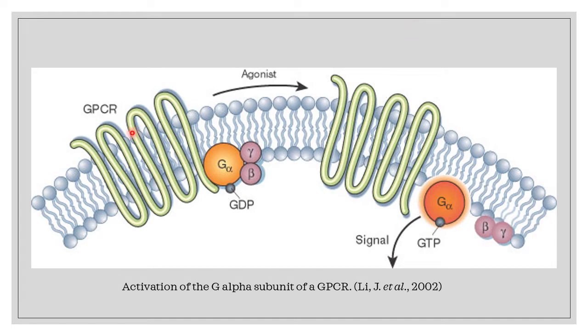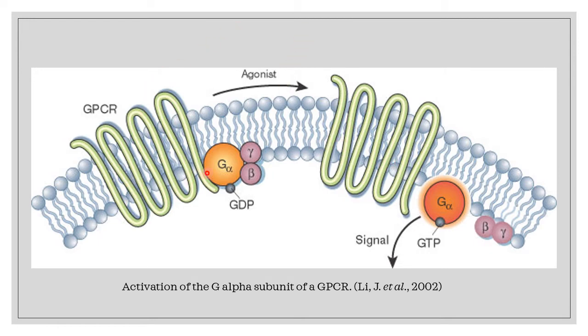The figure here represents the activation of the G-alpha subunit. The orange one here represents the G-alpha subunit of our G-protein coupled receptor. This diagram here is the unstimulated cell, and this one here, to the left, refers to the stimulated G-alpha subunit.